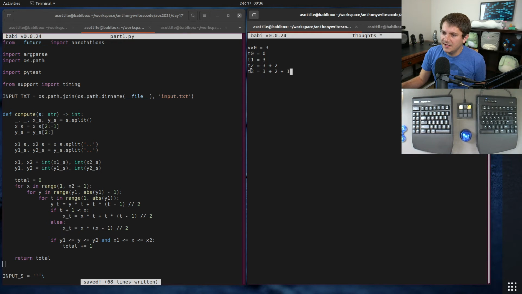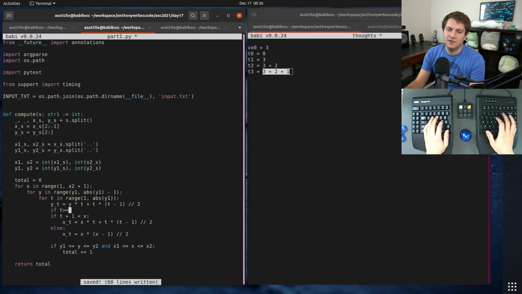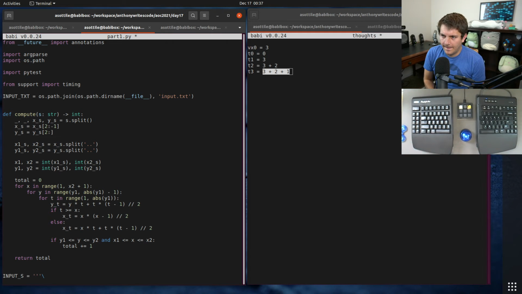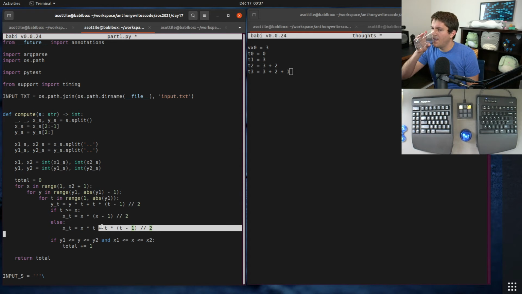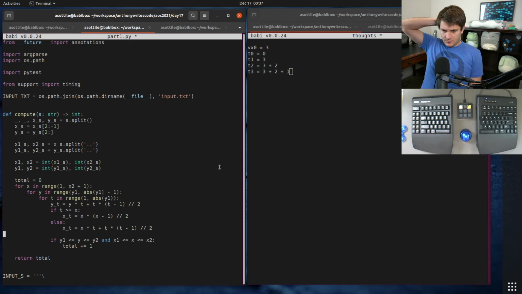So if t is greater than or equal to x, then this, otherwise... oh, this isn't even correct. Oh yeah, wait, it maybe is. No, it's very not correct.